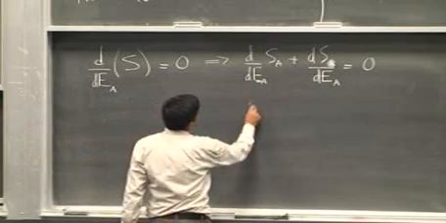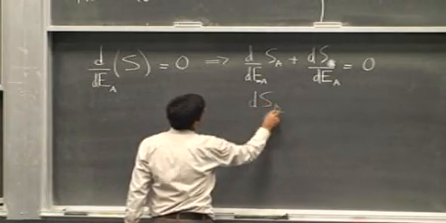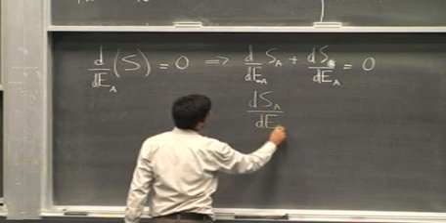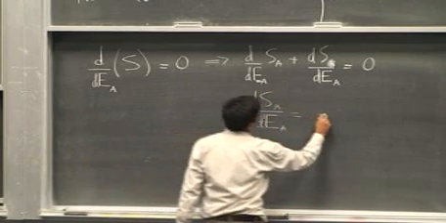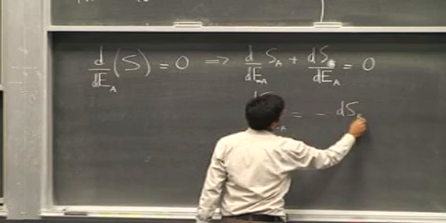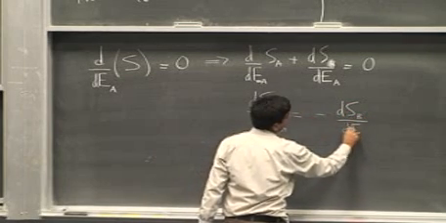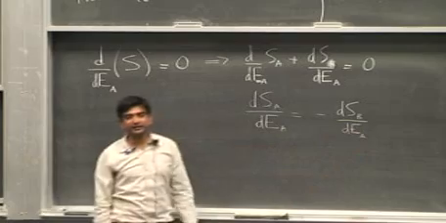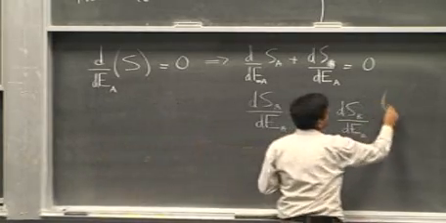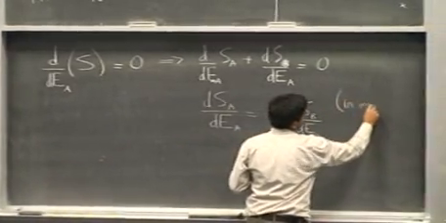So this also means that dS_A over dE_A has to be equal to minus dS_B over dE_A. Do you agree with this? In a state of equilibrium.